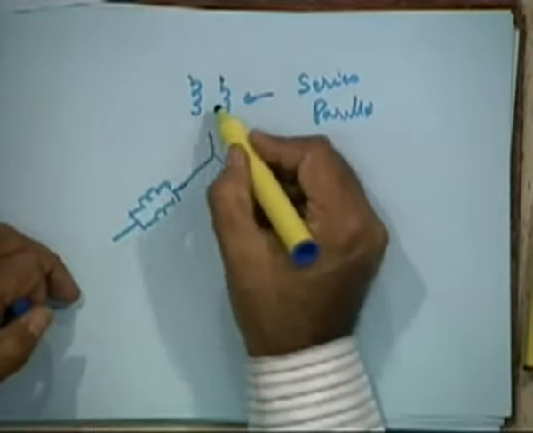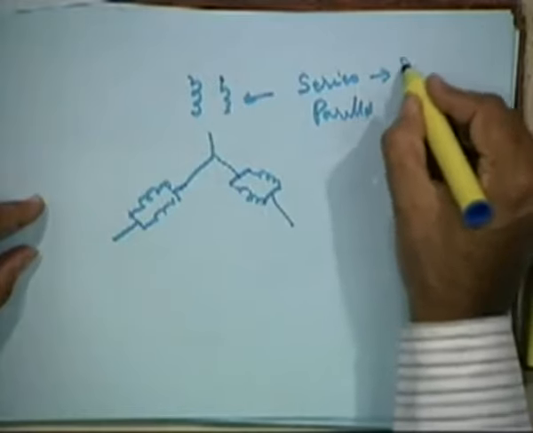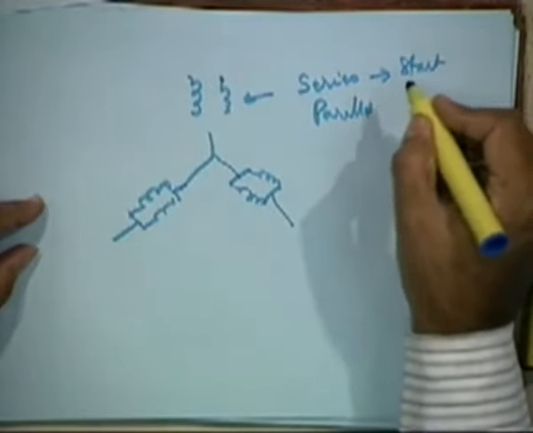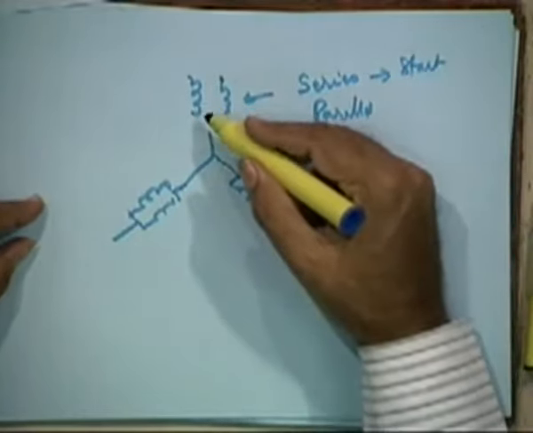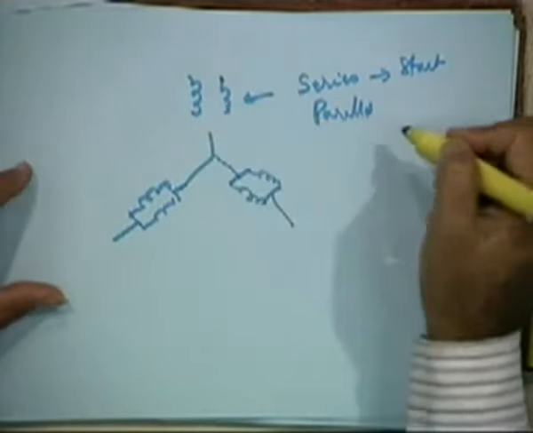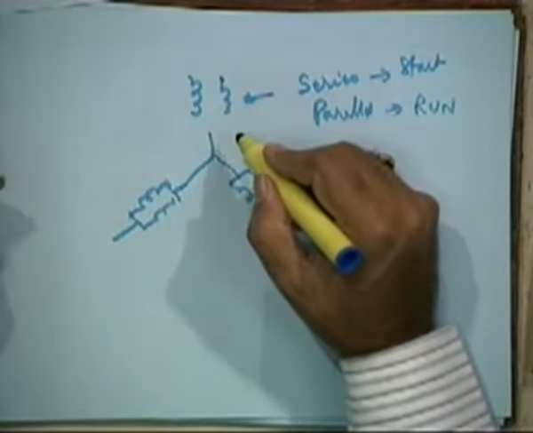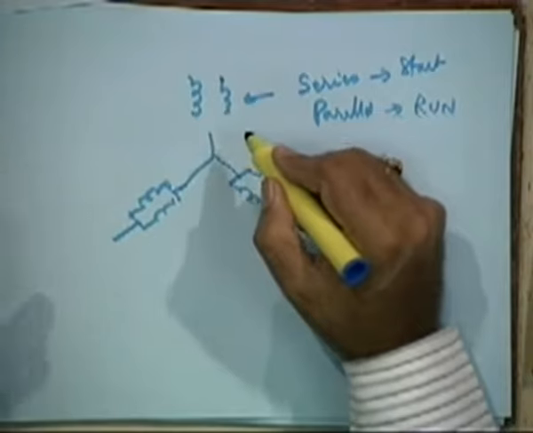The two windings are there, you connect them in series and start. Series at start means the voltage across each winding will be half of what it should be per phase voltage, and then in parallel at run. But you do it for only one phase so that your starting mechanism is simplest.